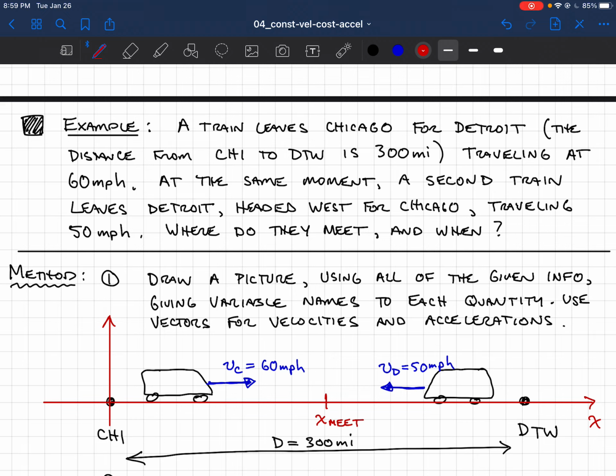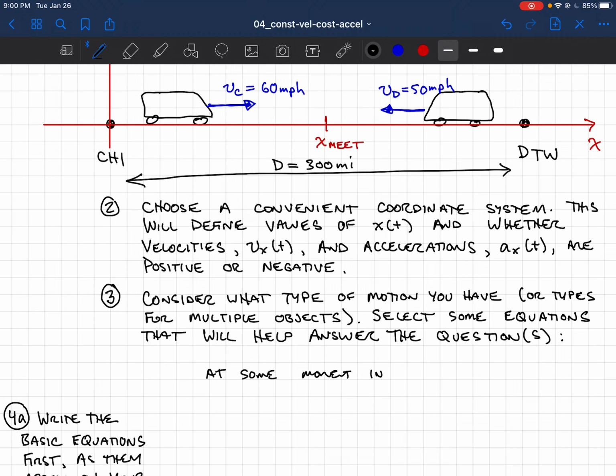So at some moment in time, we'll have x of the Chicago train equal to x of the Detroit train. And we could call that position x meet, whatever it is.